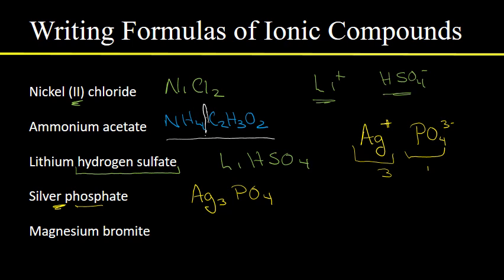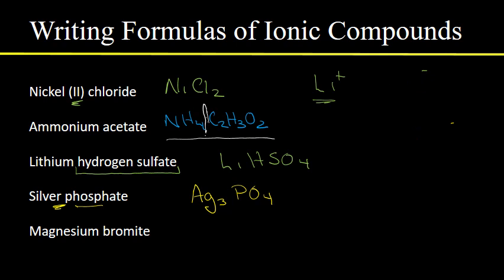All right, and our last one, magnesium bromide. Couple parts to this one. Magnesium is just a group 2 cation. Because magnesium is in group 2, we know that it's +2.